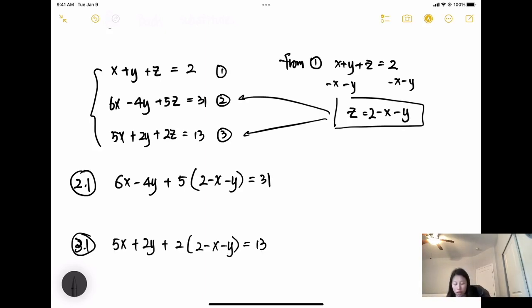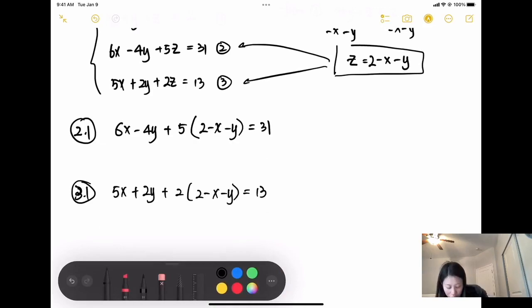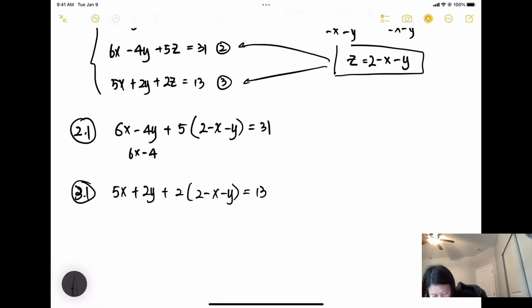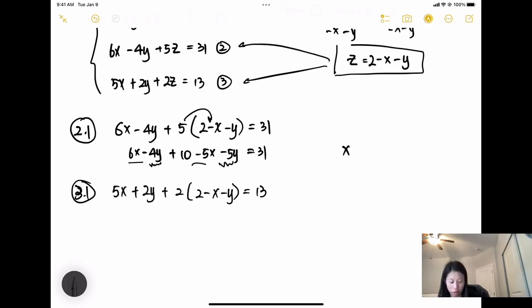Okay, let's simplify it to make it easier for us to calculate later. So I have what? 6x minus 4y plus 10 minus 5x minus 5y equals 31. And then we merge the like terms and move all the numbers to the right. So I have what? 6x minus 5x, I have x, negative 4y minus 5y, I have negative 9y, subtract 10 on both sides, I have 21. That comes from our transformed equation, right?